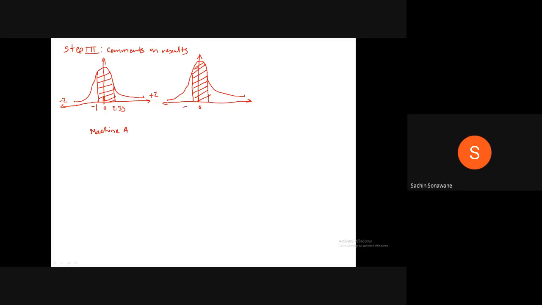Therefore, here 0, here -1.67, here plus 1.67, plus Z, minus Z. Now this is known as design tolerance. This is for machine B. Now I will draw the graph for machine C.